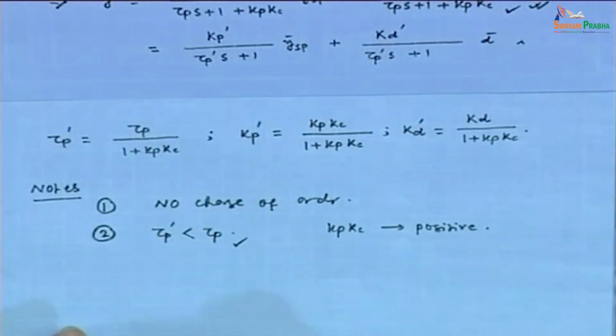So, what it indicates? Due to the inclusion of proportional action, the overall response becomes faster because time constant is decreased. So, this is the second conclusion. Due to the inclusion of proportional action, the overall response becomes faster.